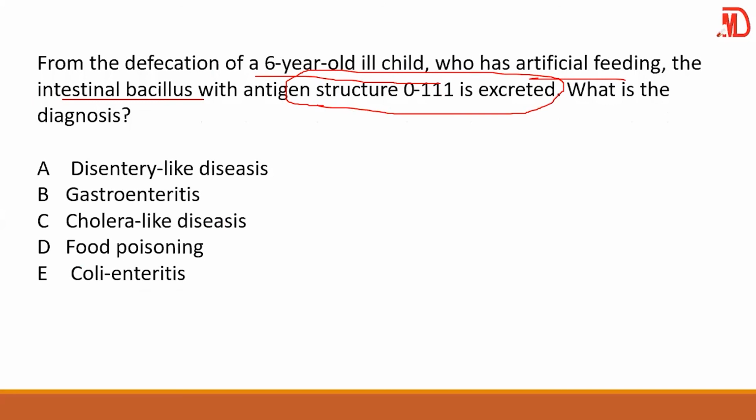Now, this is the antigenic structure of coli enteritis. This one, we don't teach it. You must know it, because you must know how this structure is. All right. So your answer is E.